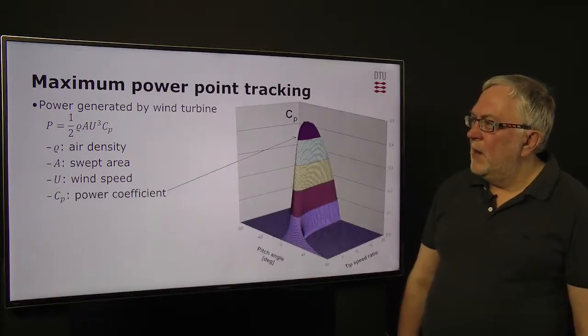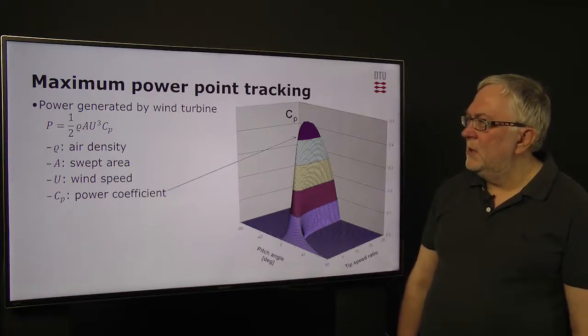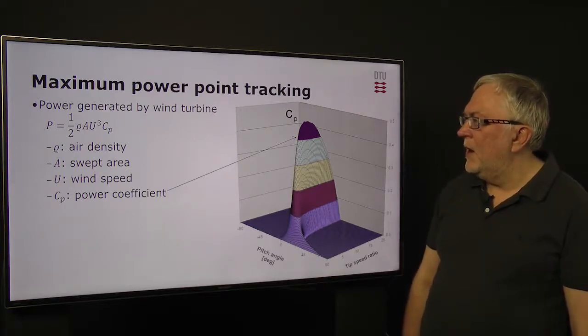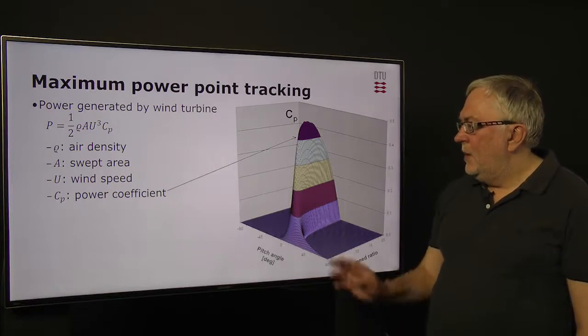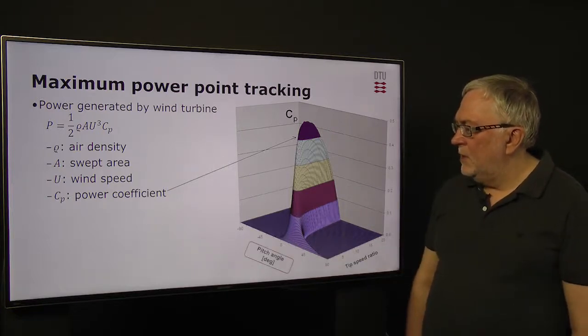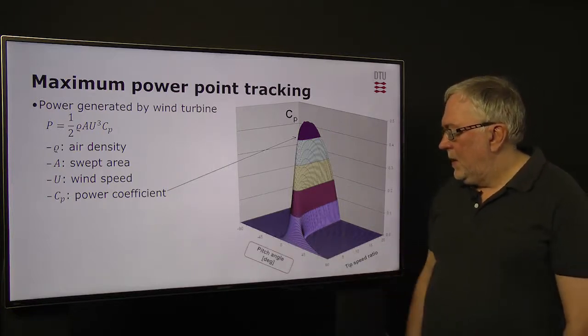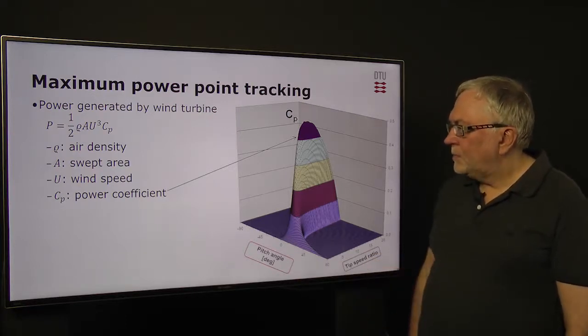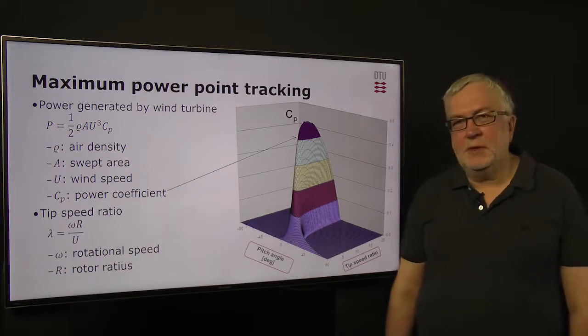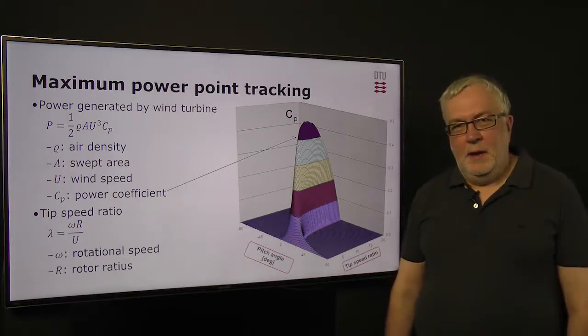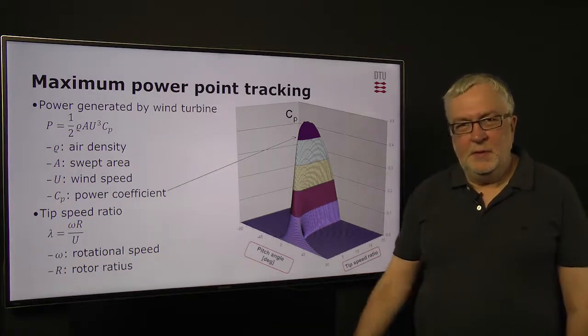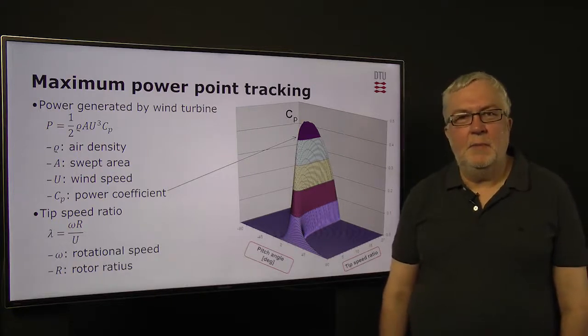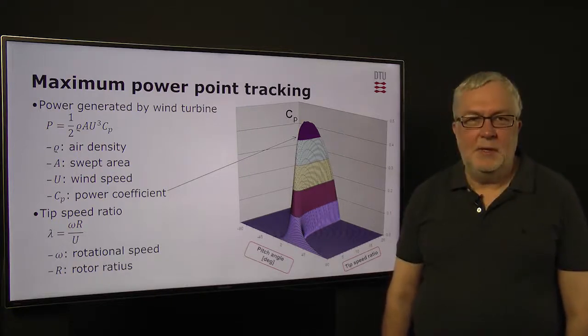Then we multiply this with a power coefficient, which is an aerodynamic efficiency. The power coefficient depends on the pitch angle, and it also depends on the tip speed ratio, which is the ratio between the speed of the tip of the blades and the wind speed.